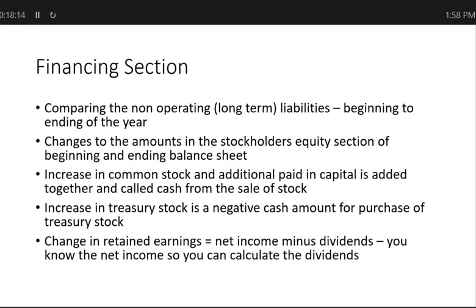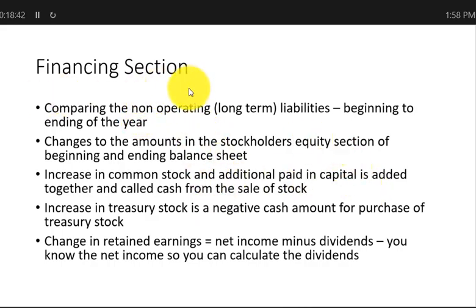So that wraps up. Remember, there's really only two things in the investing section. Now, if you have multiple long-term assets, then you have to do it for each one. But it is really only cash received from the sale and cash paid for new assets, however many assets that is, or how many other types of assets you list there as long-term assets.